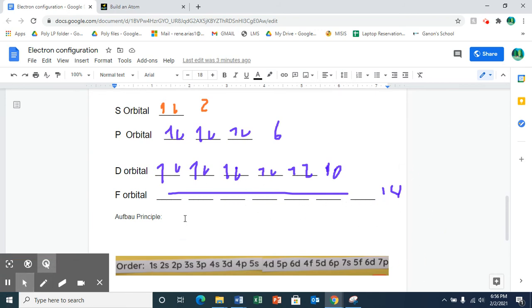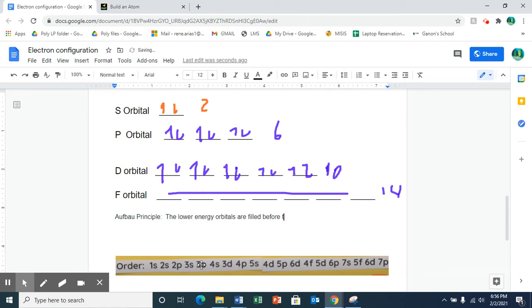Now let's go over what we call the Aufbau principle. This principle basically states that the lower energy shells, or the lower energy orbitals, are filled before the higher energy orbitals.